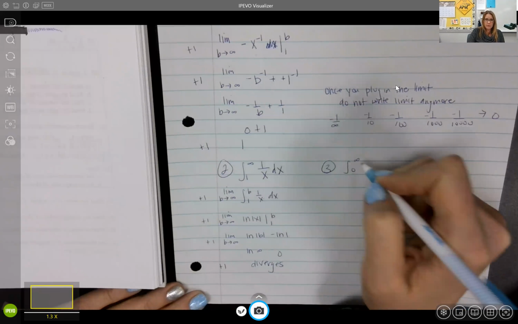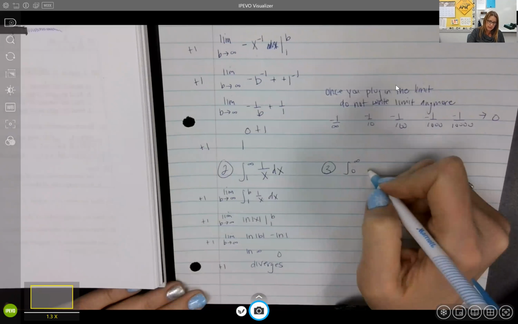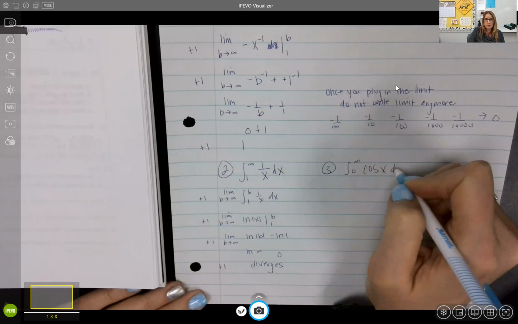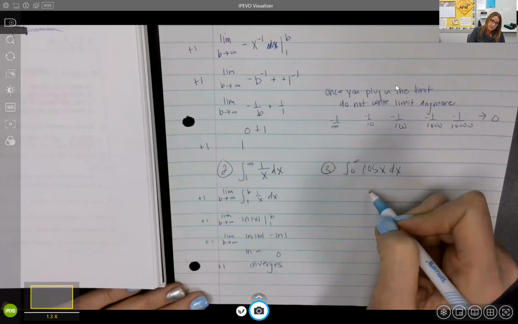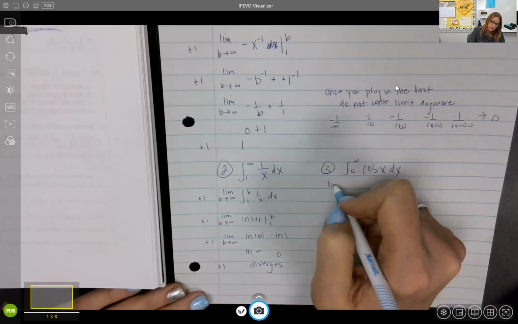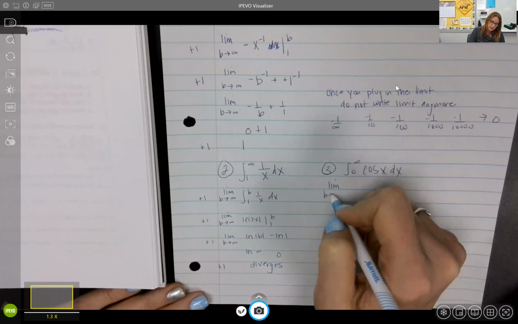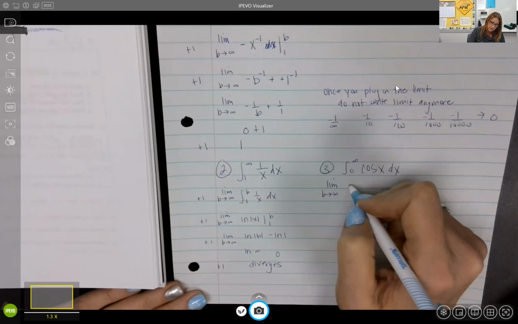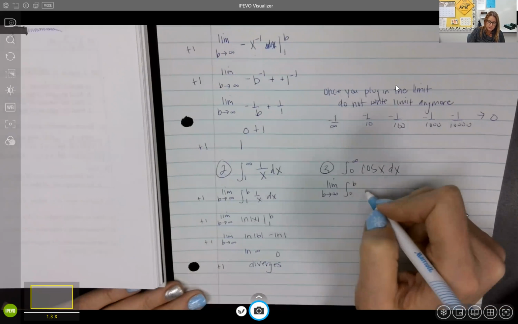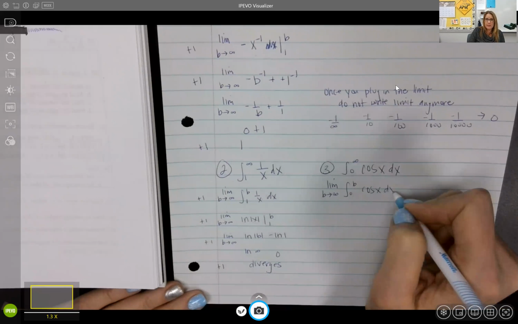Number 3, we're going from 0 to infinity, the cosine of x dx. Again, this has an infinity, so I'm going to go to my limit. Limit as b goes to infinity, 0 to b, cosine of x dx.